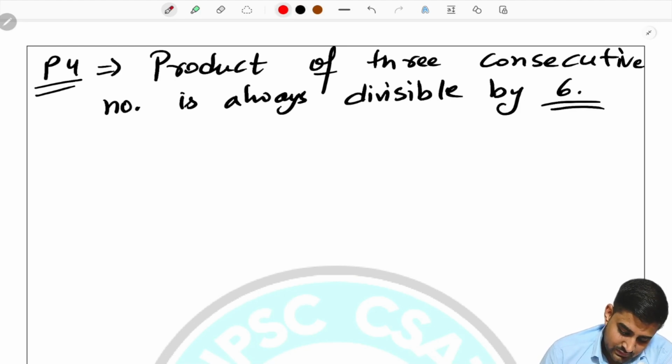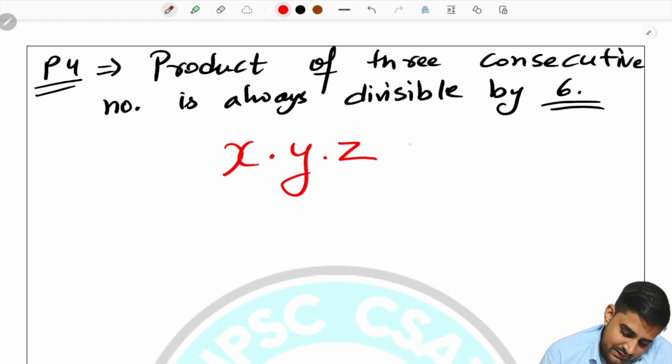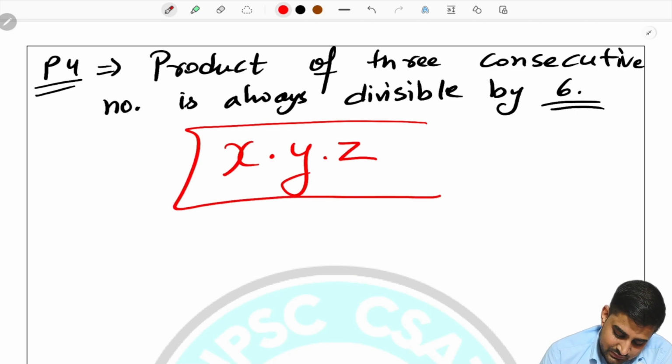What the property is saying, if there are three numbers x, y, z, if we multiply them, then this number is always divisible by 6.